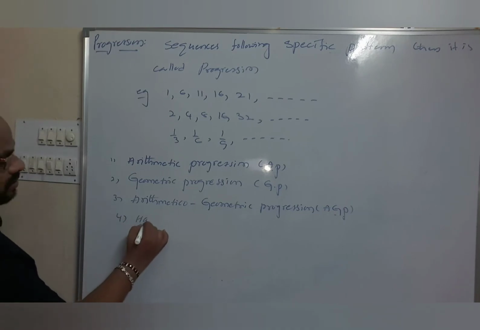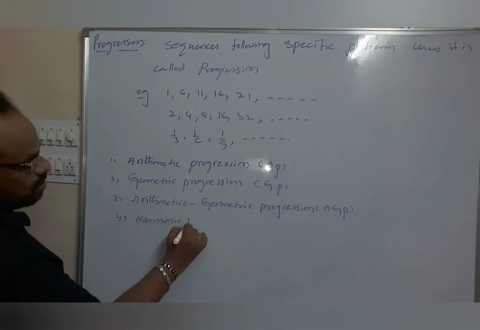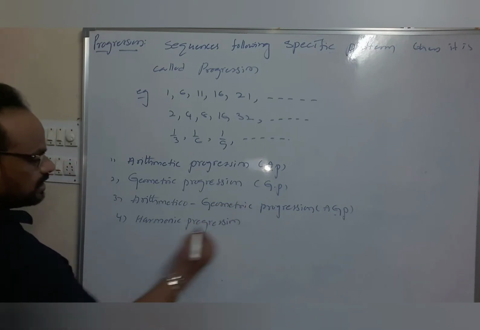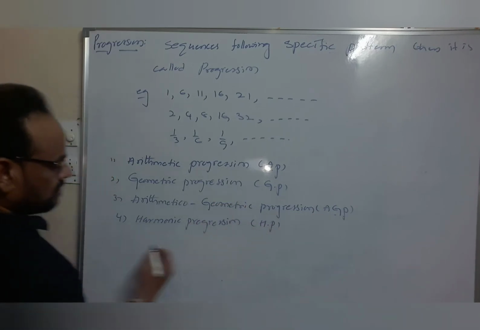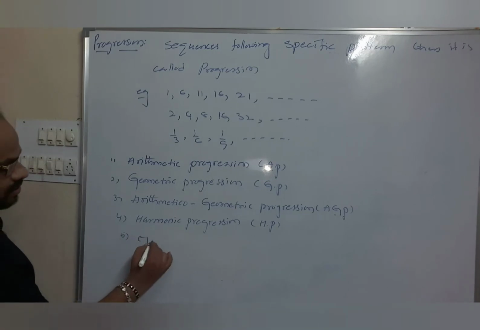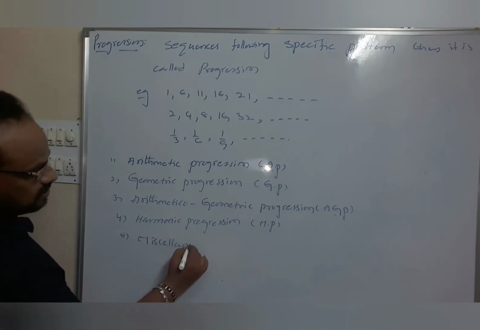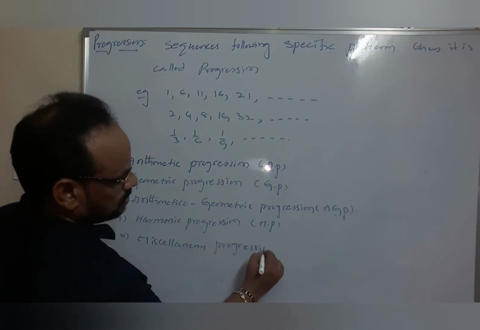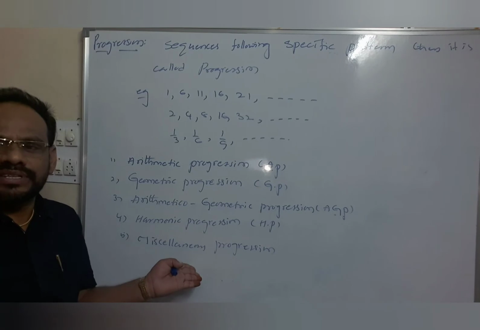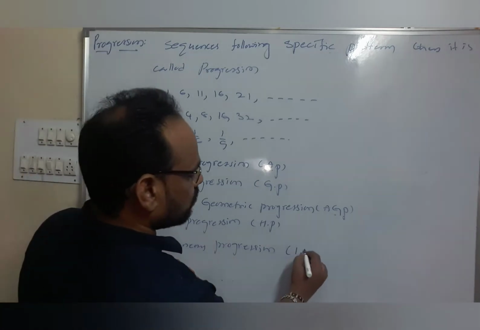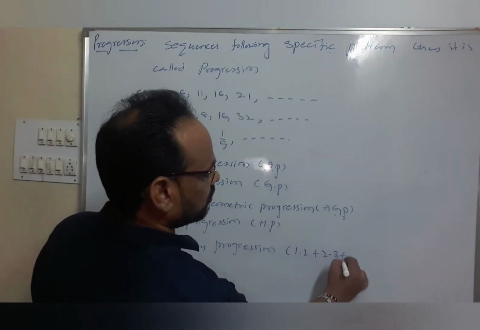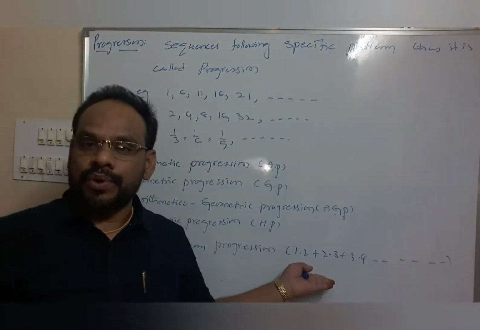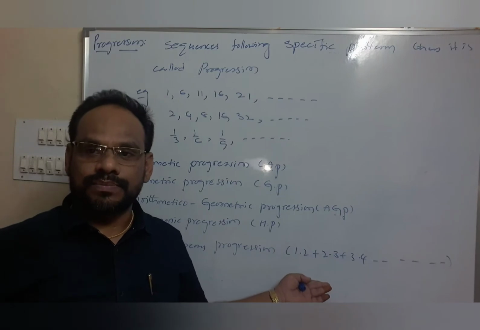Fourth one is harmonic progression, HP. Fifth one is miscellaneous progression. Miscellaneous progression is nothing but some progressions like 1 into 2 plus 2 into 3 plus 3 into 4 and so on. This type of progressions are called miscellaneous progressions.